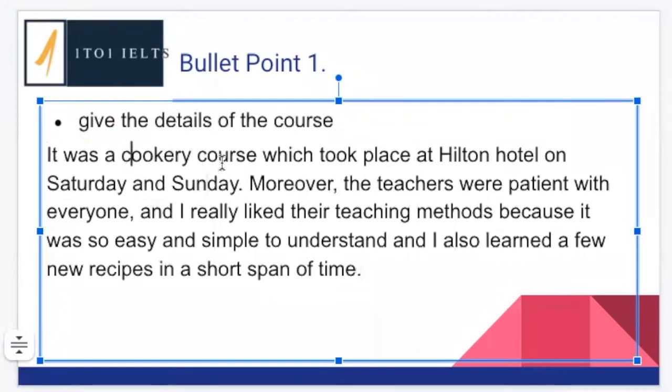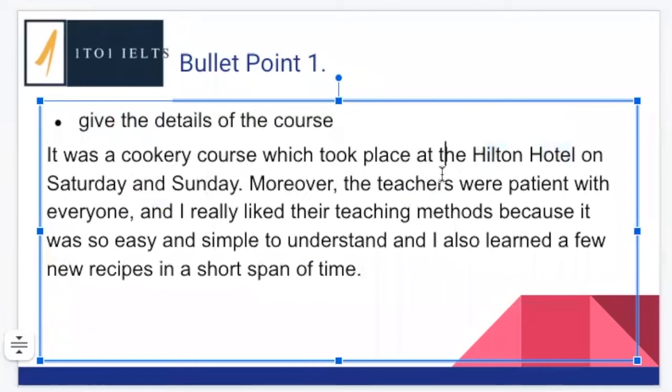Okay, so it was a cookery course which took place at Hilton Hotel. We're talking about the specific hotel here, so we want the article. The Hilton Hotel is a name, so here I would capitalize both.